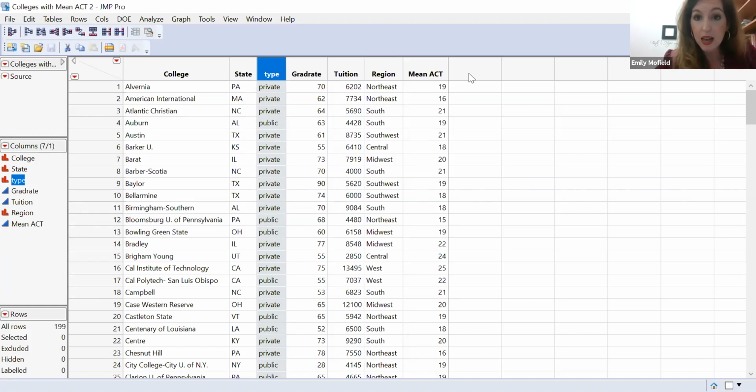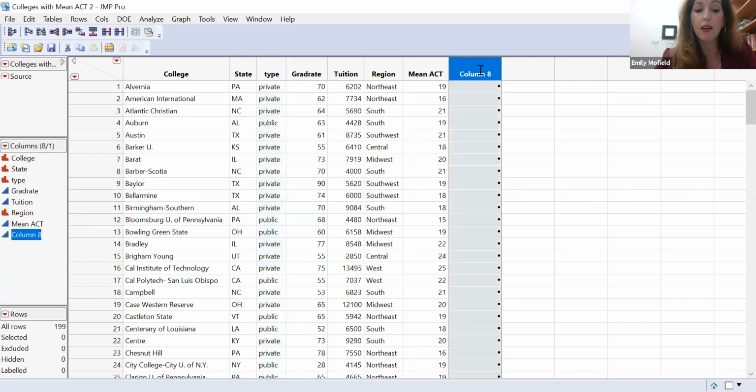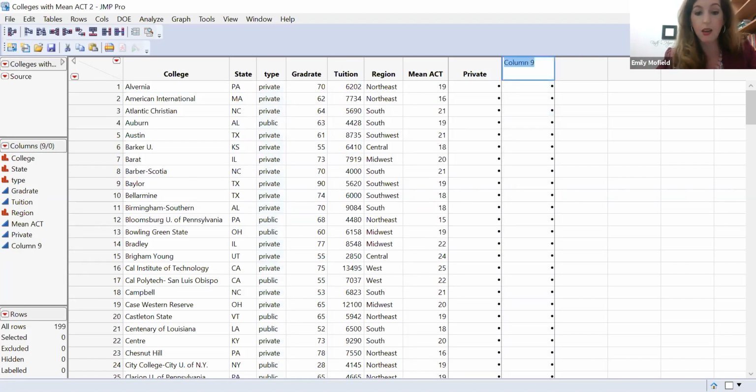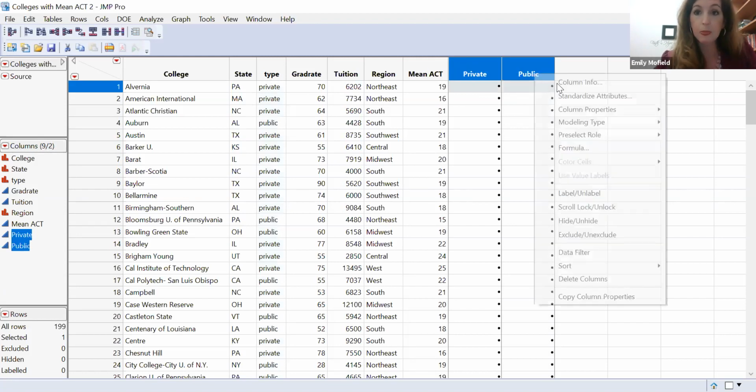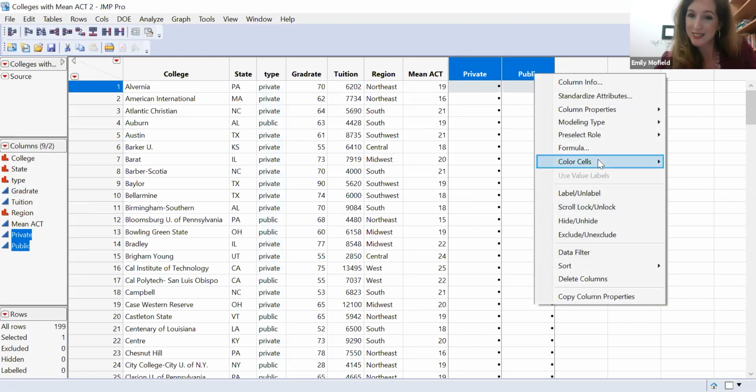Sometimes people would say, okay, we're going to put private here and public here, and then put the grad rates in these columns. No, no, no. Do not do that. Instead, you set up the type of school as nominal variables, okay? So let me delete that.